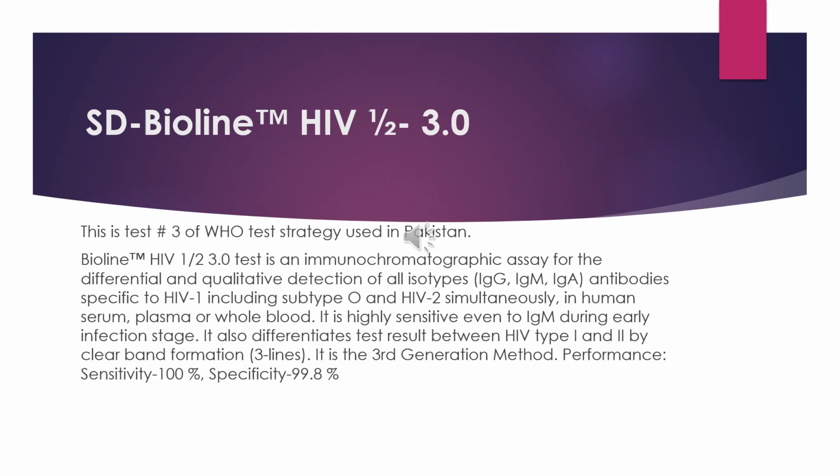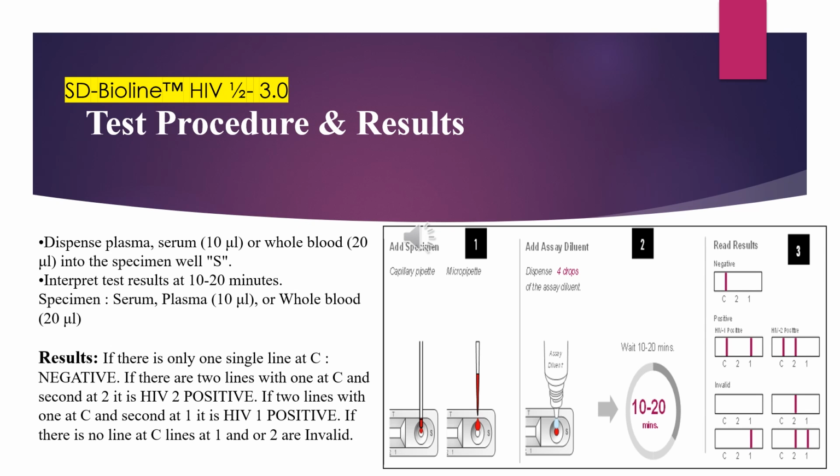and its specificity is 99.8%. For this test, which is the third test in the WHO protocol, dispense 20 microliters of blood onto the specimen well labeled S and wait for 10 to 20 minutes. At the completion of the 20 minutes, the results are read. If there is only a single line at C, which is the control line, the test is negative.